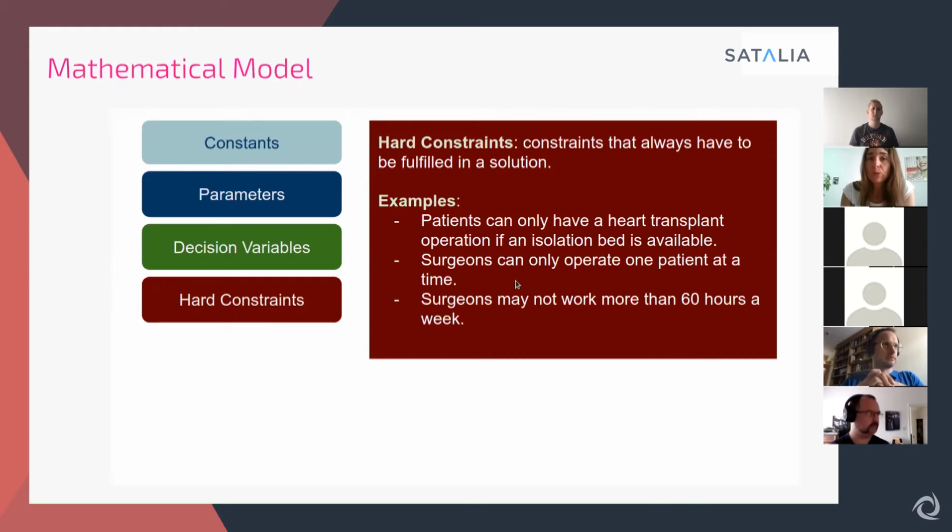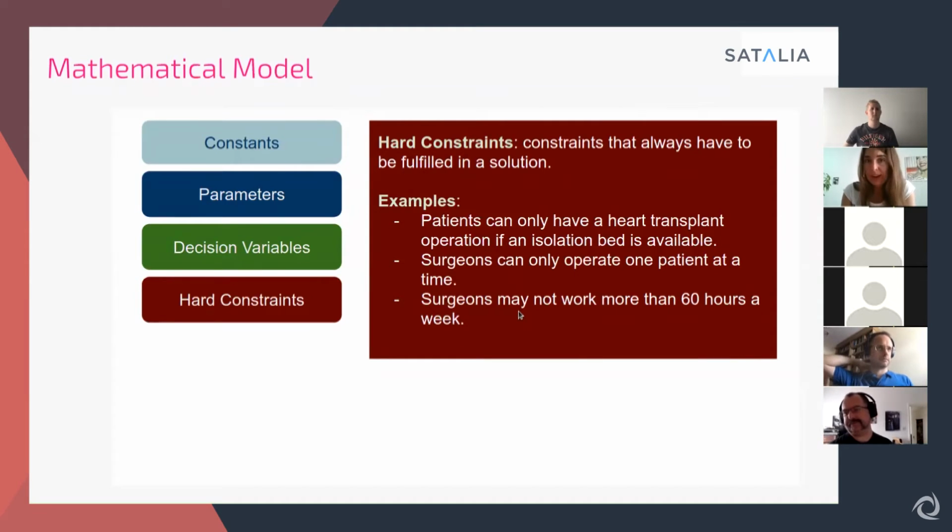We also have constraints that we need to add just because it's a model that we're representing. So we say surgeons can only operate 1 patient at a time. Other constraints come from working regulations, such as surgeons may not work more than the 60 hours that are the maximum due to the working regulations.